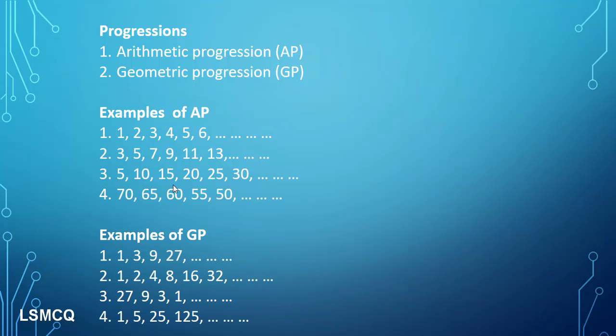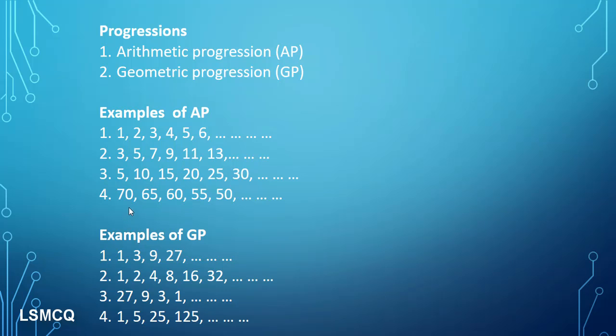So we can say that the common difference in this sequence is 5. So 5 plus 5 is 10, 10 plus 5 is 15, 15 plus 5 is 20, 20 plus 5 is 25, 25 plus 5 is 30, 30 plus 5 is 35, and then 40, and then 45, and so on. So this series progresses in this way.